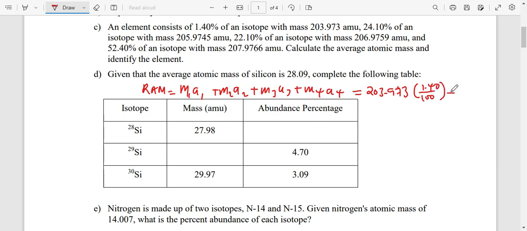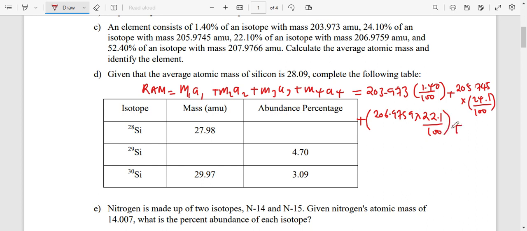And then plus the next one, the next mass is 205.745. Multiply that by the abundance, which is 24.1. Also divide by 100. And then plus the next one, the next mass, that is 206.9759, multiplied by the abundance, which is 22.1, divide by 100.